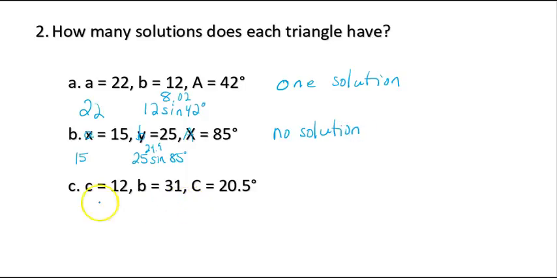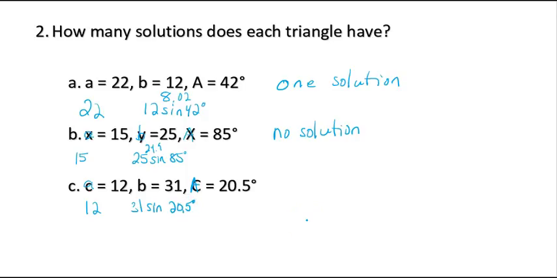Okay, our final example here, we have C's and B's. Our angle, 20.5, is a C, so in our flowchart, we're going to be looking at A for those C's, and then the B's are B in the flowchart. So I'm going to start with the angle, 20.5. Again, that one's less than 90, so we're hitting that bottom path, and we're comparing A with B sine A. So I'm going to compare 12 with 31 sine 20.5.